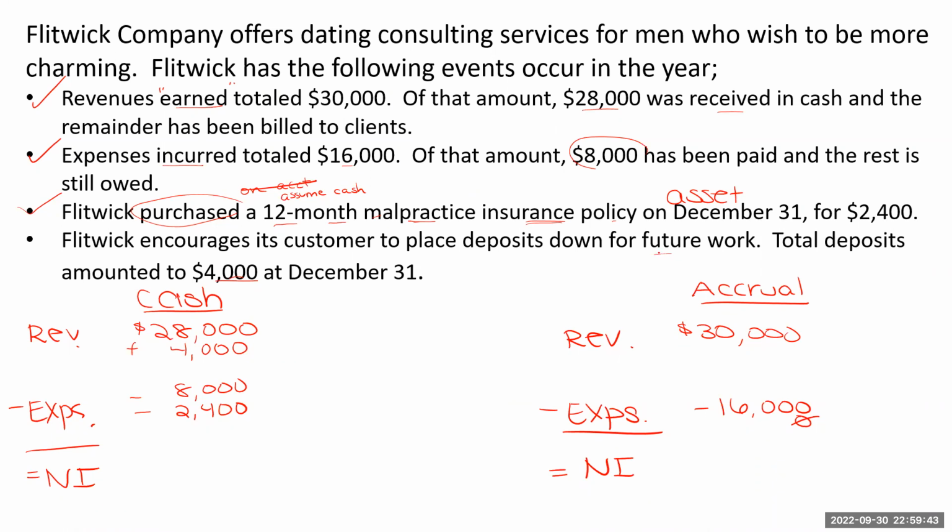This isn't happening until the future, so there's no way we could have earned it in the past. We haven't done it yet. Okay, so I think you get 14,000 for accrual basis, and that's what we get for cash, $21,600.